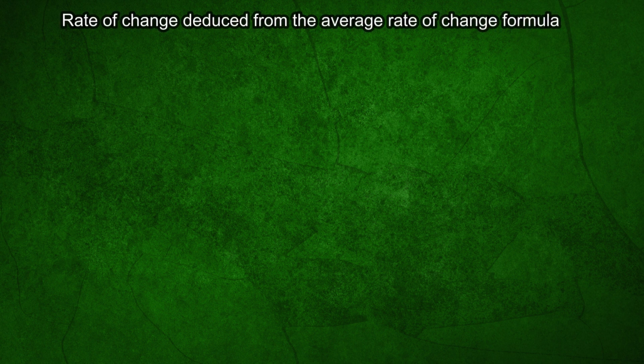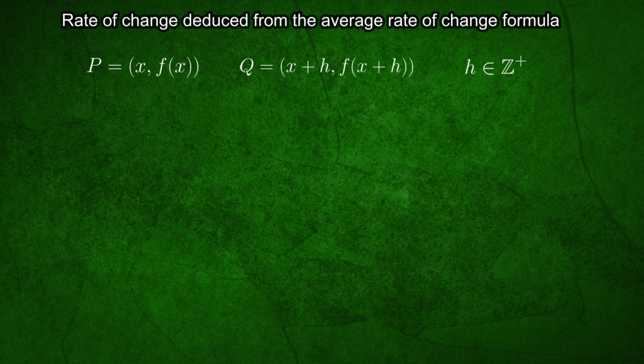The rate of change of a function is obtained when we take the average rate of change of the points x, f of x, and x plus h, f of x plus h, where h is a positive value. Thus, the point x plus h, f of x plus h, is to the right of the point x, f of x.